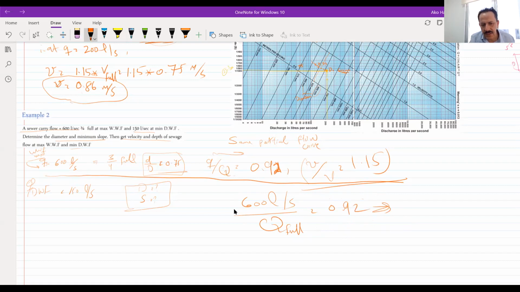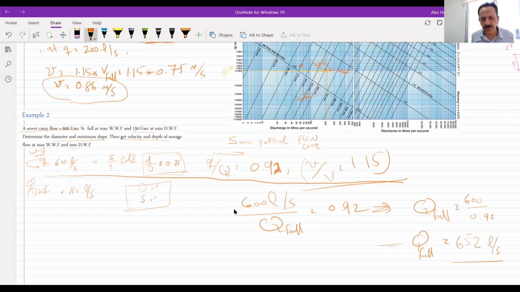So it means that Q full will be equal to how much? 600 divided by 0.92, which is 652 liter per second.